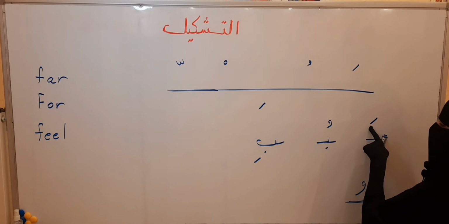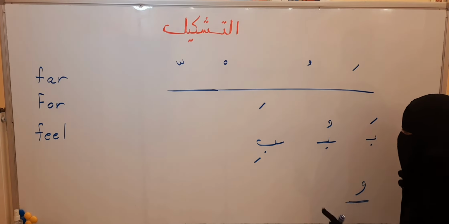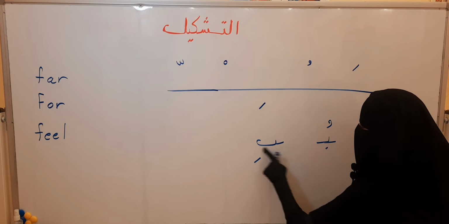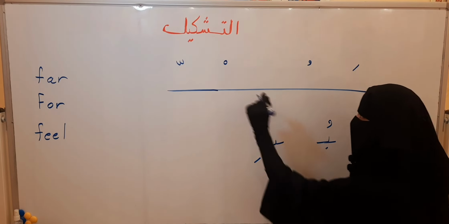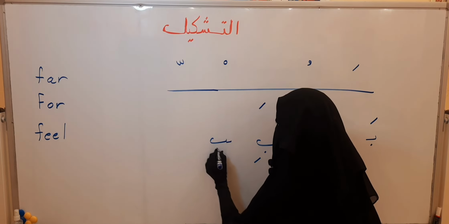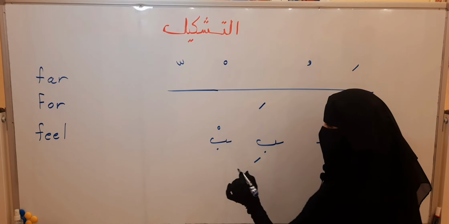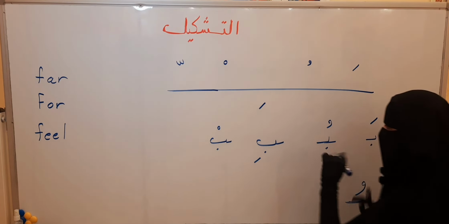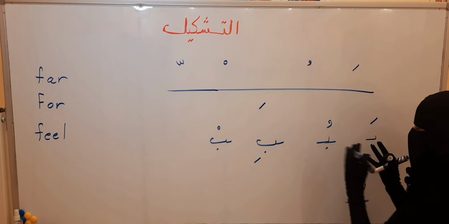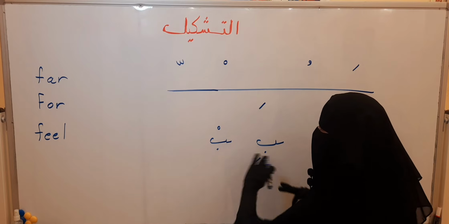Ba with fatha, ba. Ba with dhamma, bu. Ba at the last of the word with kasra, bi. Ba at the last of the word with sukoon, b. We don't use any vowel, we don't pronounce any vowel, just a consonant. B, consonant.